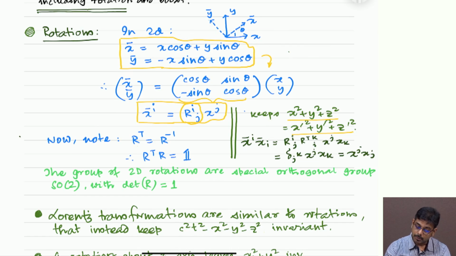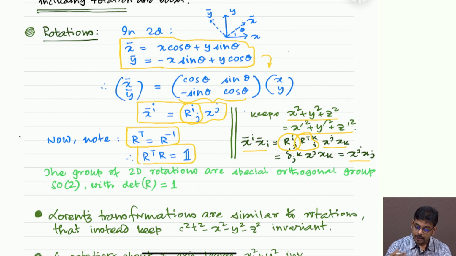This can also be shown via this relation, x bar i, where the repeated indices are summed over, can be written by this transformation matrix as R ij x j, R ik x k, and this basically tells you that the transposed matrix R T will be the inverse of it, that is R T R must be equal to 1, and with that you can actually show that x bar i x bar i is equal to x j x j, okay.